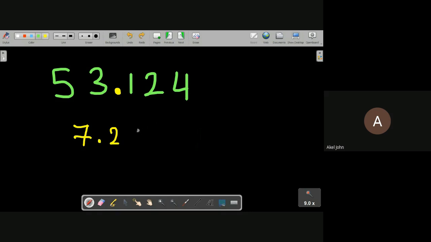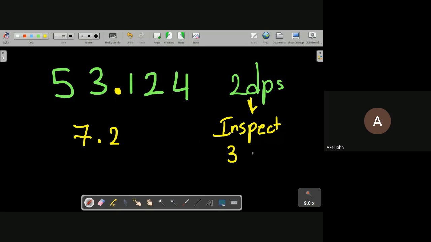When trying to approximate something, let's say we are trying to approximate to 2 decimal places. If the instruction says to approximate to 2 decimal places, you need to inspect the third decimal place. So let's use 53.124 as an example. They ask us for 2 decimal places, therefore we need to inspect 3 decimal places.